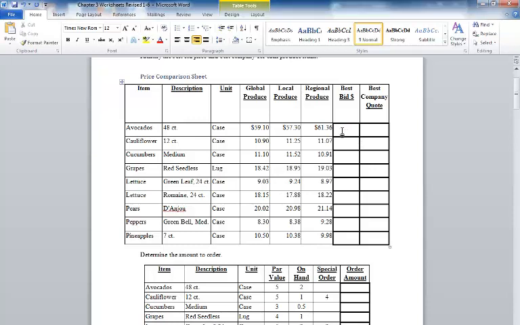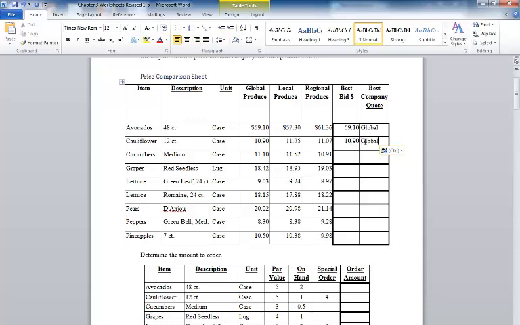So for example, for avocados, if I look at global, local, and regional, I see that global has the lowest price at $59.10. Global was my best company quote. Let's do another one. Cauliflower, the lowest one is from Global again at $10.90.